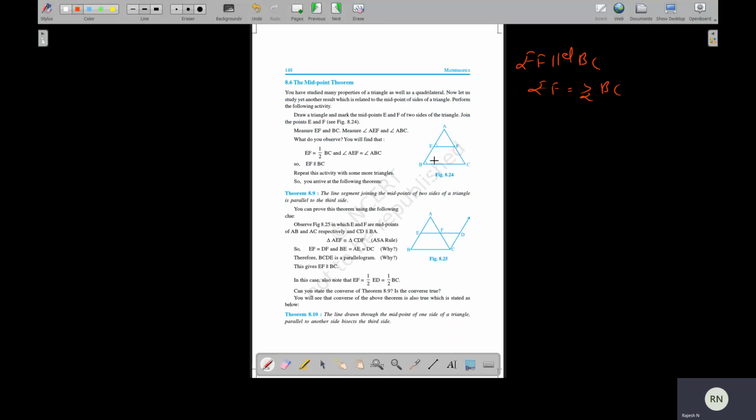That means the line segment joining the midpoints of two sides of a triangle is parallel to the third side.